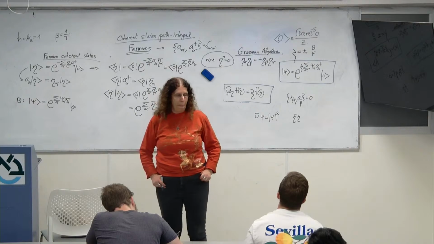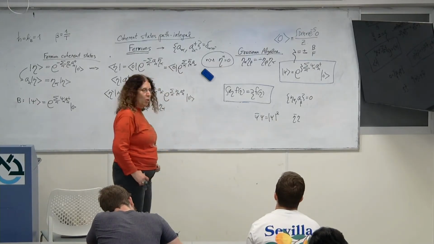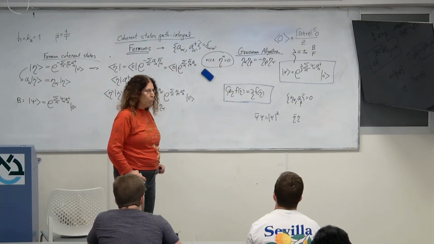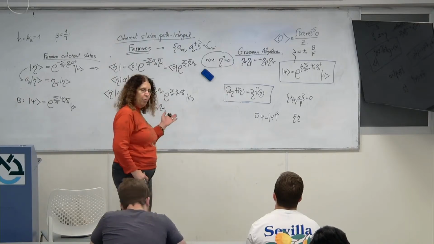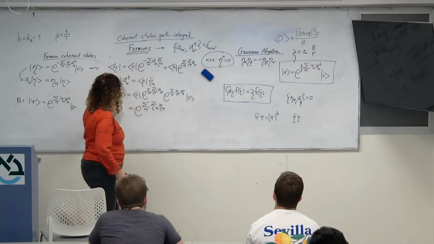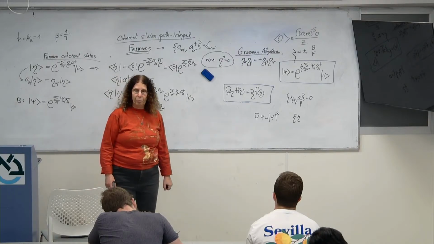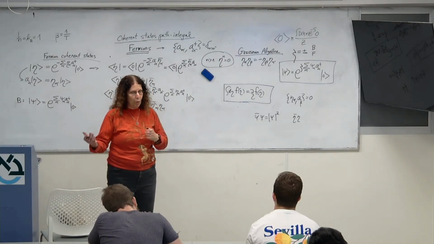Why do we need to keep track of the bar? Because the inner product depends on it.